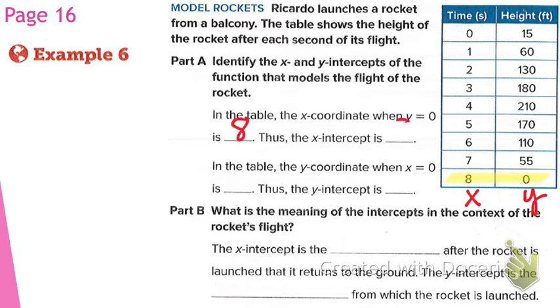Therefore, the x-intercept is 8. In the table, what is the y value when x is 0? 15. That first number at the top is my y-intercept. The y-intercept is 15.